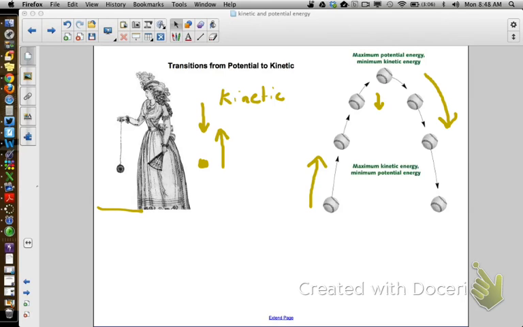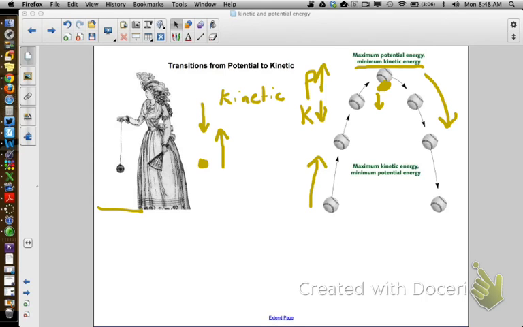The higher up the baseball goes, the more potential it will have, but there will be a loss of kinetic, even if it's still moving. The potential energy reaches its maximum at the very top of the throw, and that's due to, again, potential being the potential to have energy due to its position.